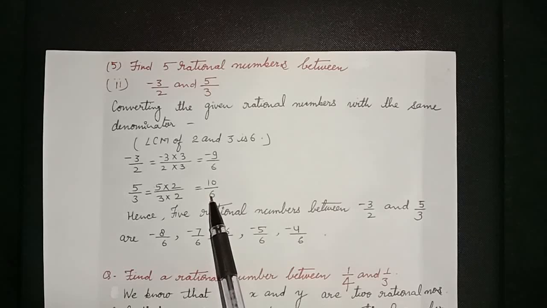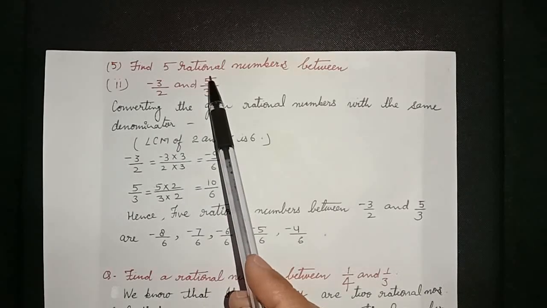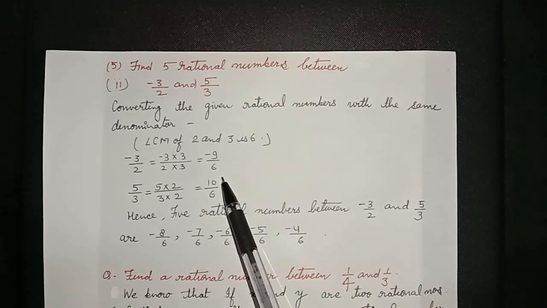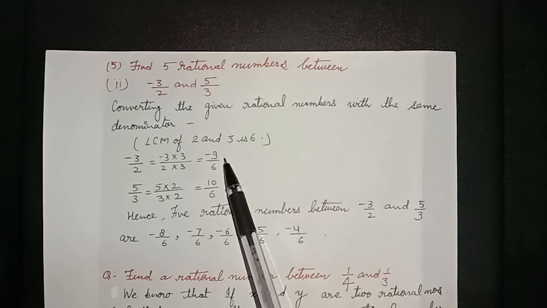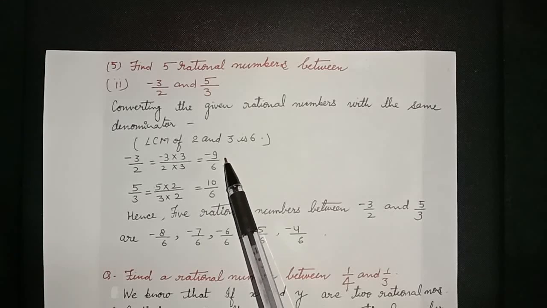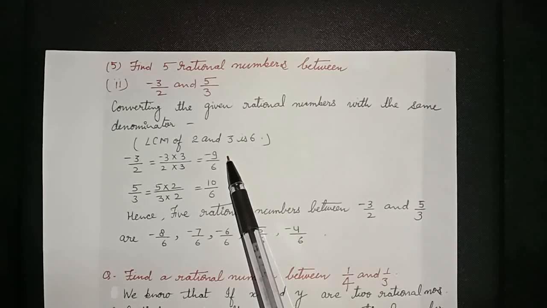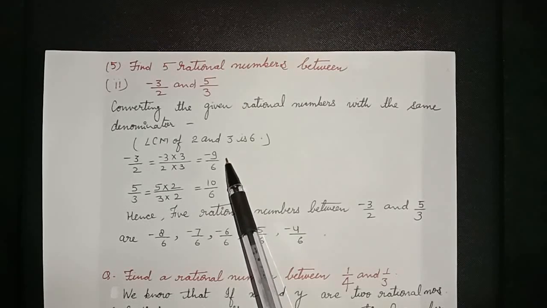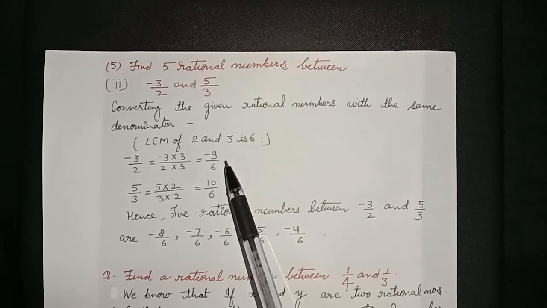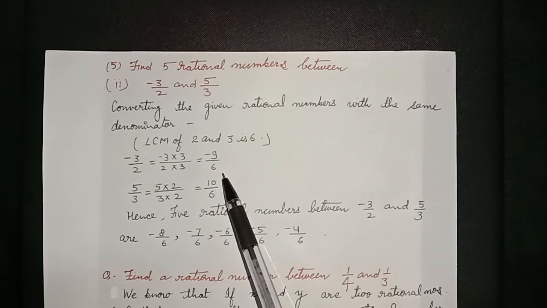As you can see that we have to write 5 rational numbers. Now we will see we will get 5 rational numbers or not. Between minus 9 and 10, what comes? Minus 8, minus 7, minus 6, minus 5, minus 4, minus 3, minus 2, 0, 1, 2, 3, 4, 5, 6, 7, 8, 9. You can see many numbers we can get between them.